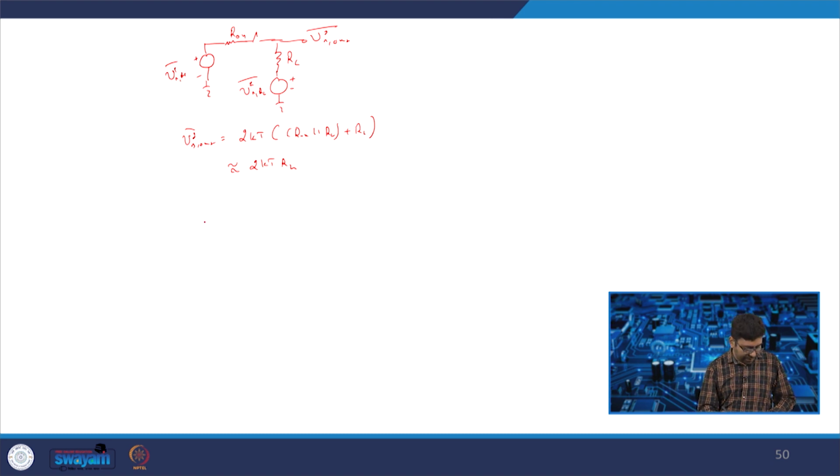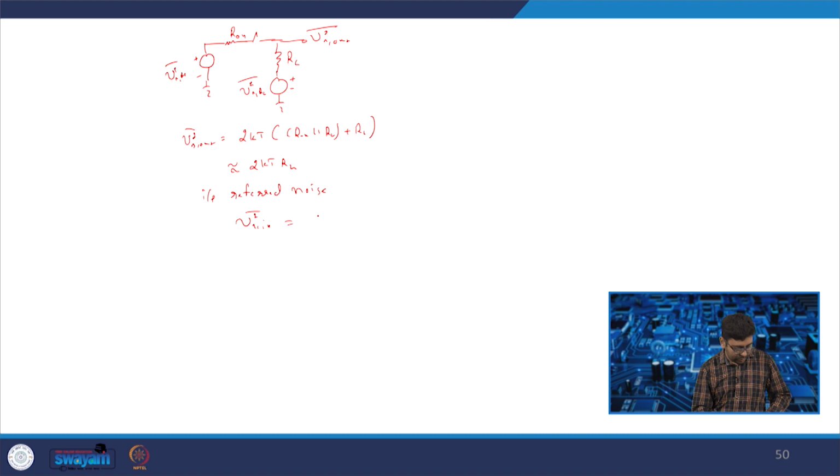Now if we want to find the input referred noise, as we have seen, input referred noise is given by Vn in square, that we need to divide by gain, so that is 1 by pi square.